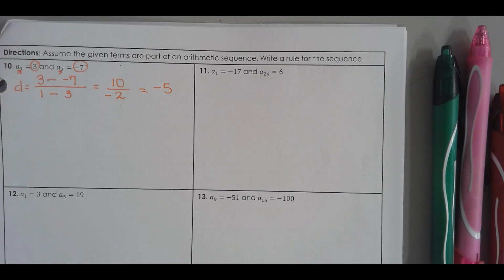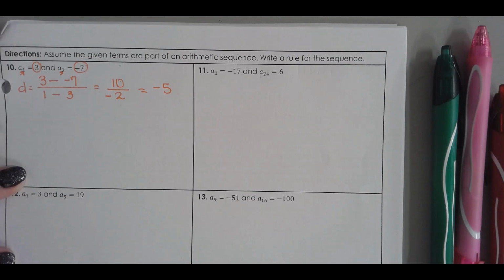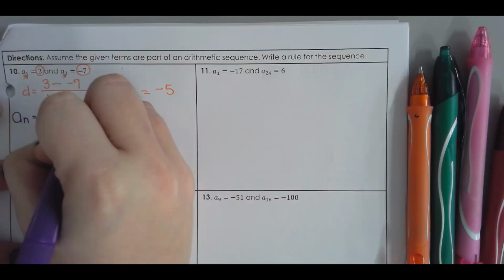I think that's so much easier. How'd you do it then? I'm going to use the formula. An equals A1 plus d times n minus 1. I want you to write out the whole formula so you get used to it.